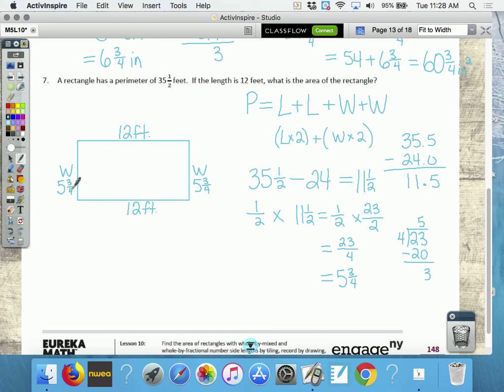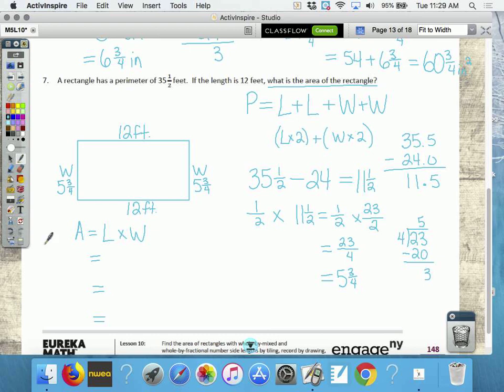Now the question says, what is the area of the rectangle? So I have my entire rectangle labeled. Lexi, how do I find area? Area equals, you multiply. Okay, so let's get a problem written down first, okay?